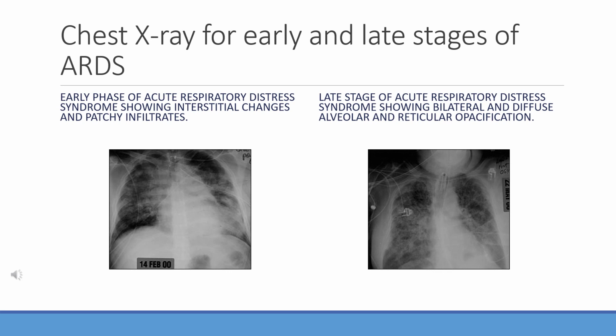Now, when we talk about what the breath sounds are going to sound like, in the early stages the lungs are going to have decreased breath sounds. You can understand the reasoning behind that, because you have those patchy infiltrate areas that aren't able to oxygenate proficiently.